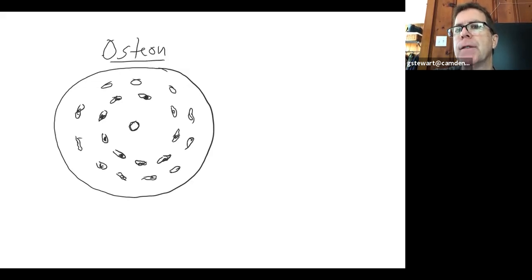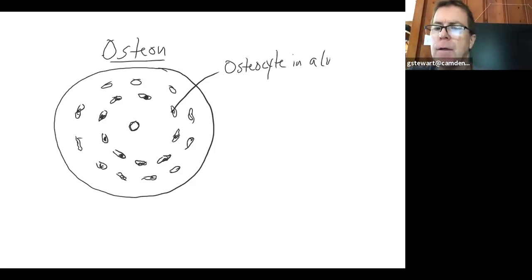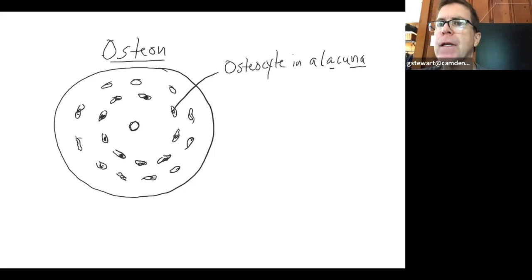So I'm going to label this. This is actually an osteocyte. That's a mature bone cell in a, it's really hard for me to write with a plastic pen on a glass board. So in a lacuna, L-A-C-U-N-A. The lacuna is the name of the space or cavity that the osteocyte lives in.